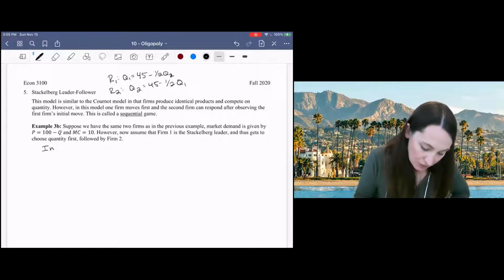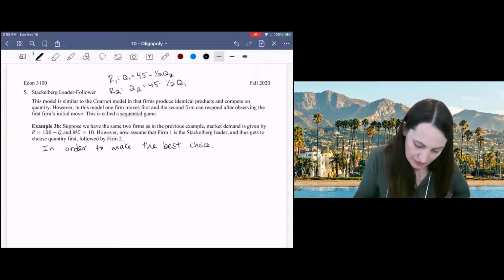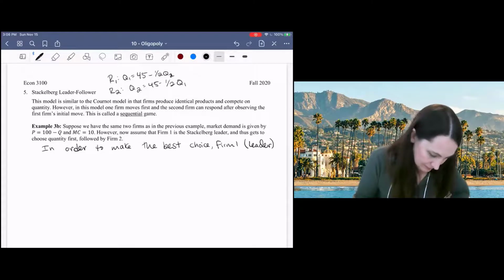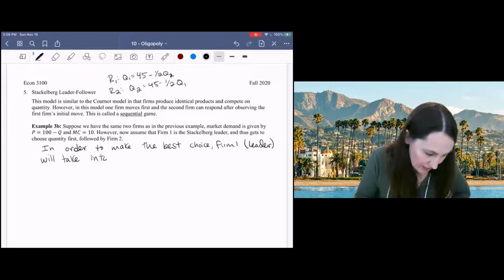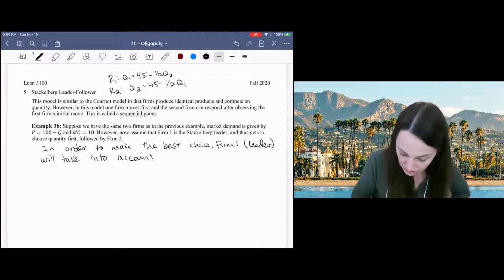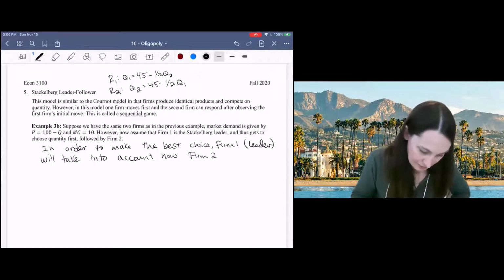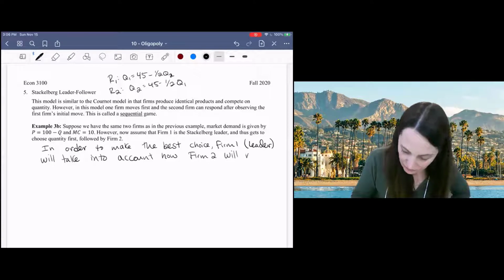Okay, so in order to make the best choice, firm one, the leader, will take into account how the follower, firm two, will react.